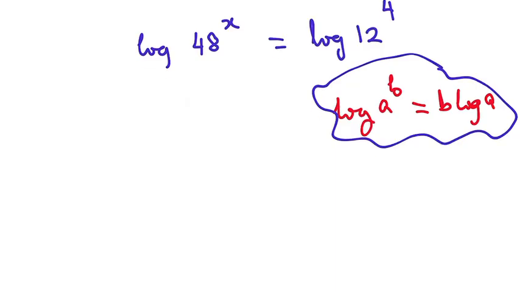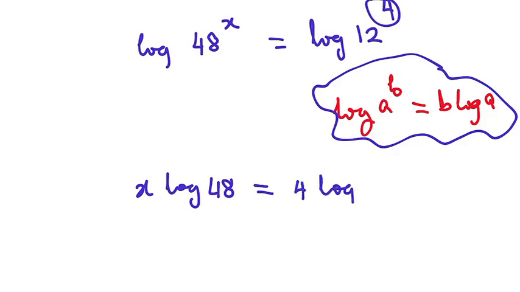Now x will come down, we have log 48, then equals this 4 will come down, we're going to have 4 log 12. Understood? So now from there, we can have this to be x into log.